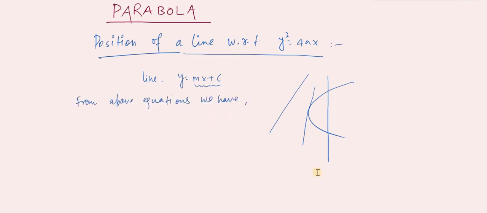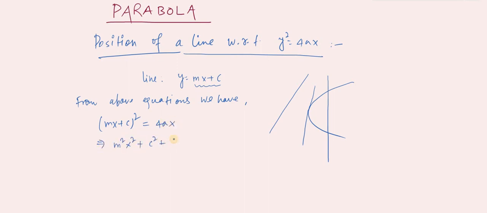So having these two equations together, we can substitute y square as (mx plus c) square from the second equation, and this will be equal to 4ax.